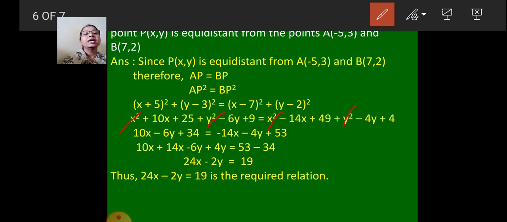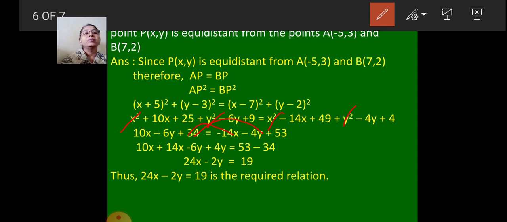Right. Now in the next step you collect all x and y terms on one side and the constant terms on the other side. So for that you need to shift this minus 14x and minus 4y on the left hand side. So you will get 10x plus 14x minus 6y plus 4y is equal to 53 minus 34. 34 we have shifted on the right hand side.